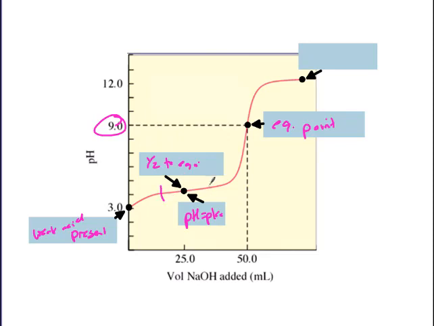Just like before, technically I have max buffering in this section here. My equivalence point is above 7 because only the conjugate base of my weak acid remains at the equivalence point. Everything else has been neutralized. So any point after the equivalence point, I have my weak conjugate base and my strong base. But my strong base is going to be what affects the pH.